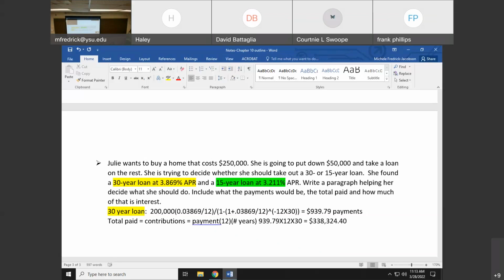You want to find your interest paid. Well, if you paid $338,324.40 for the house, but you only took a loan on 200,000, then if you subtract them, that'll tell you how much interest you paid.